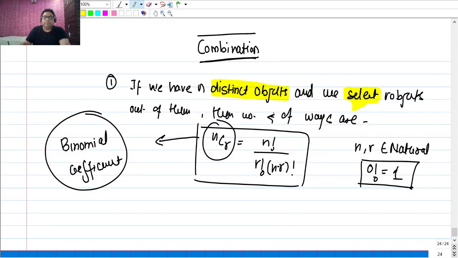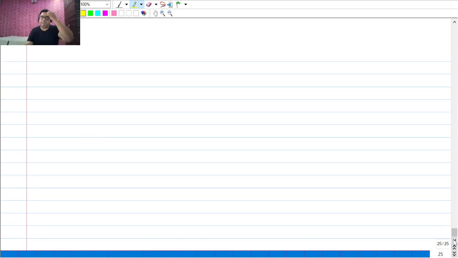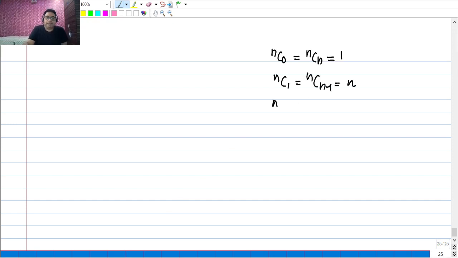Alright, so as far as binomial coefficients are concerned, some important binomial coefficients: NC0 is equal to NCN is equal to 1, NC1 is equal to NCN minus 1 is equal to N, NC2 is equal to NCN minus 2 is equal to N into N minus 1 by 2.